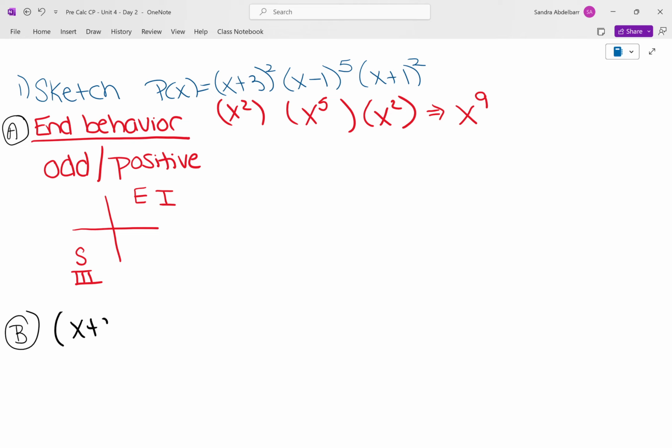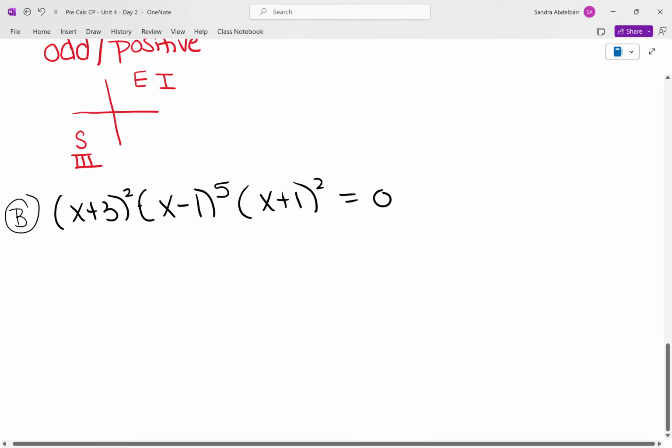So we're going to have (x plus 3) squared times (x minus 1) to the 5th times (x plus 1) to the 2nd. We're setting this equal to 0. And this is already factored. Sometimes we will have to factor, but this is already factored for us, which is nice.